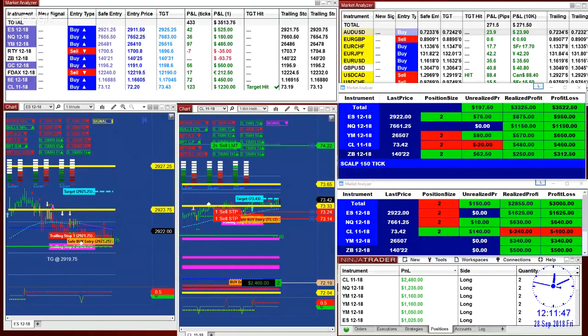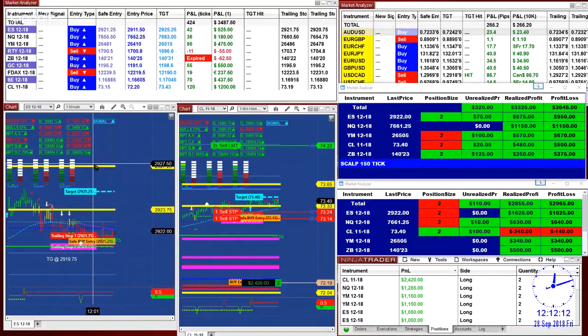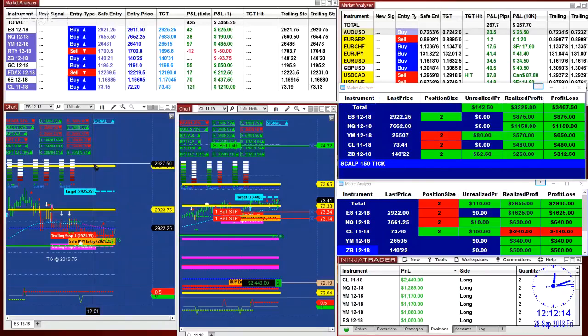Right now, we are on 430 ticks based on the last entry signal. 3,486 is right there based on one contract, and we're not going to get a new signal on the ES. It looks like it's going to stay. Now it's 12 o'clock. I don't know what will happen at 1, but this is it. That's all we have for today.